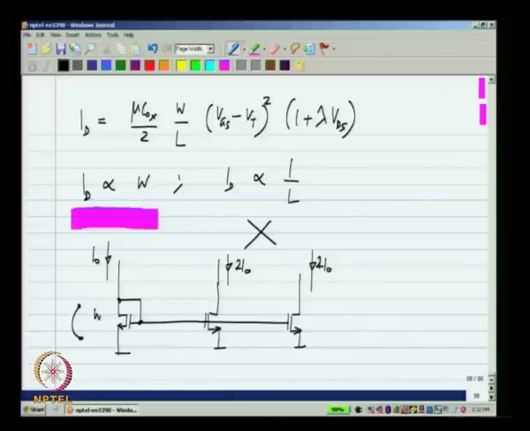And let us say the aspect ratio of this is W by L, that is the width of this transistor is W and the length is L. In fact, to make it explicit, let me not write W by L, I will write W comma L. Now, let us say I want 2 I naught, there are 2 ways of getting it. I can make 2 W and L, or I can make W and L by 2, okay, assuming that L by 2 is above the minimum possible length of the transistor in the given process.